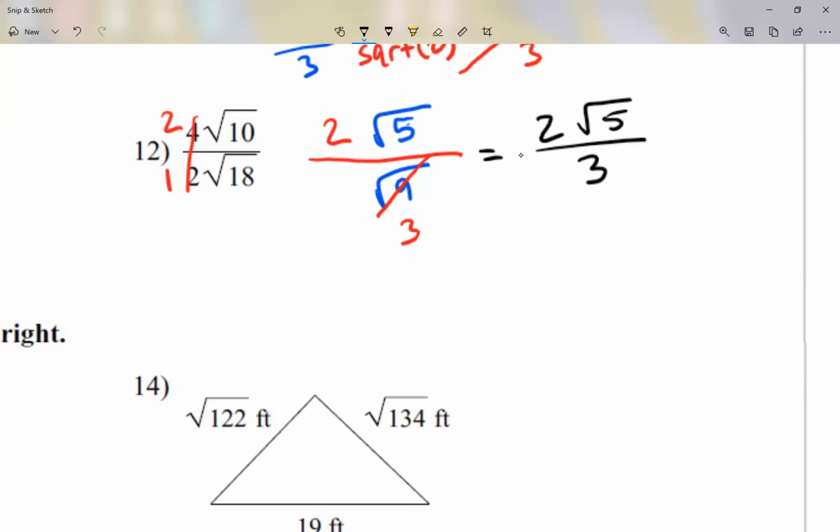My square root on the top is simplified. Nothing I can do. My whole numbers, 2 over 3, nothing I can do. So that's my answer. The way I'm going to type this in, I'm going to go 2 square root of 5 over 3.